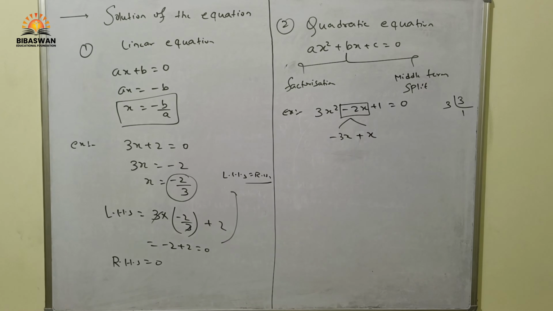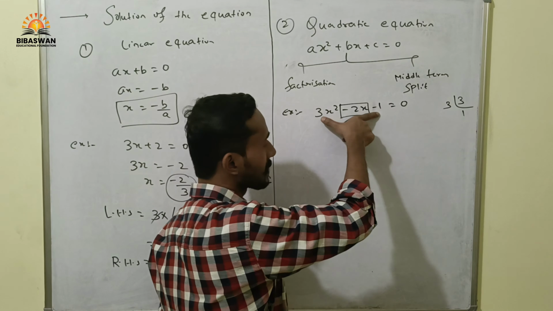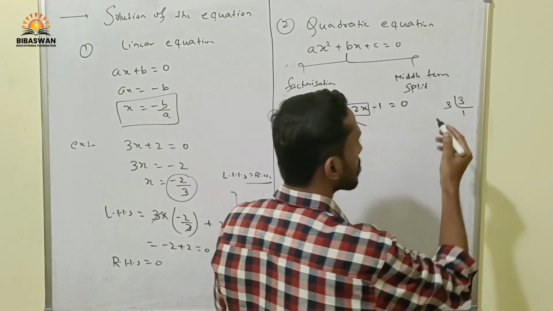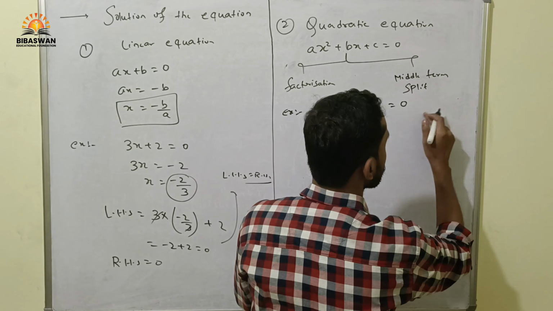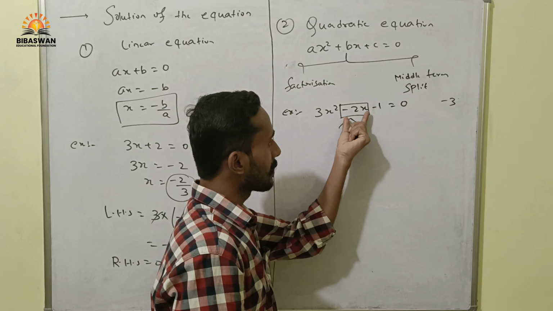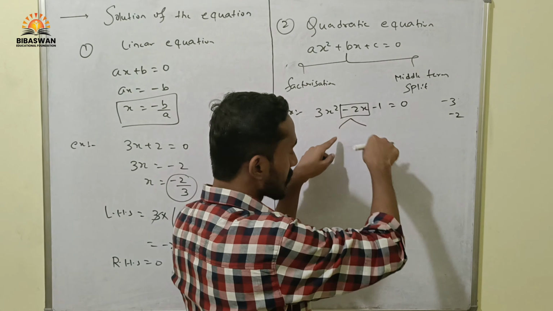Wait one minute. Now look, we have to multiply the constant with the first term. This gives the answer minus 3. If we multiply, it gives minus 3, and in the middle part it is minus 2. So we have to focus when splitting.